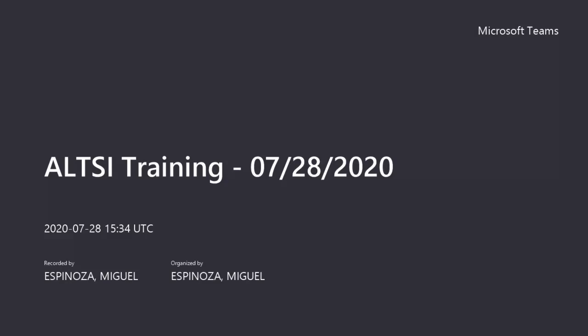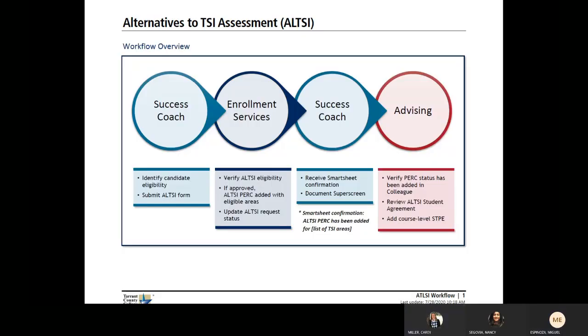And then Ms. Carrie Miller, Northeast Academic Advisor, will be providing important advising considerations for talking students through the ALT-TSI path. So we'll go ahead and get started with the workflow overview.